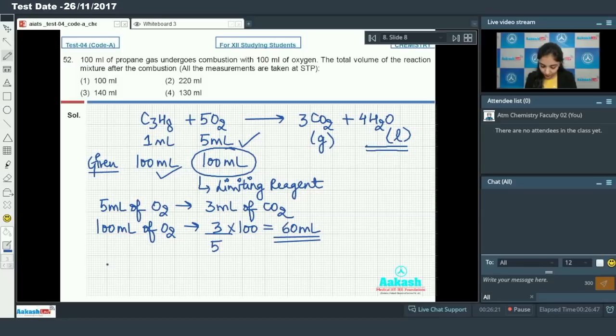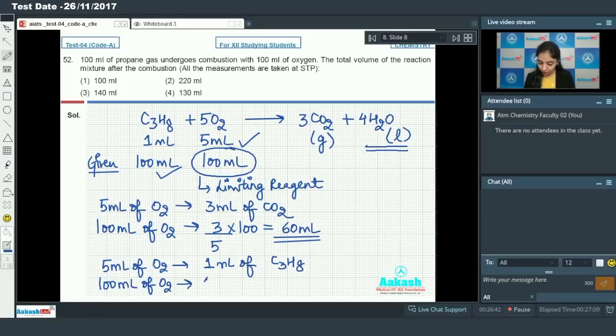From 5 ml of O2, 1 ml of propane gas is reacting. So with 100 ml of O2, how much volume of propane gas will be reacting? It will be equal to 1 divided by 5 into 100. So it is 20 ml.